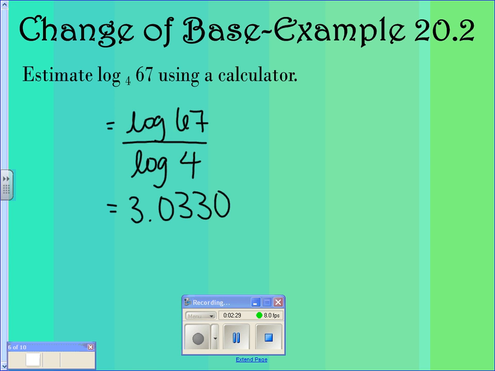Do you agree with that? When it says use a calculator, which answer does it want? The decimal. Okay. Any questions on that one? Make sense?